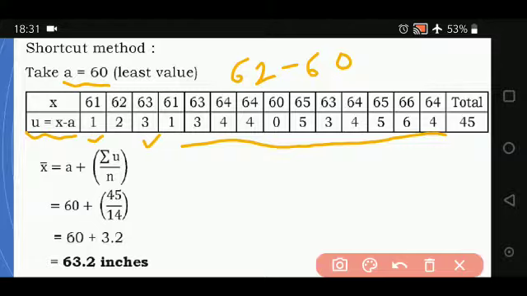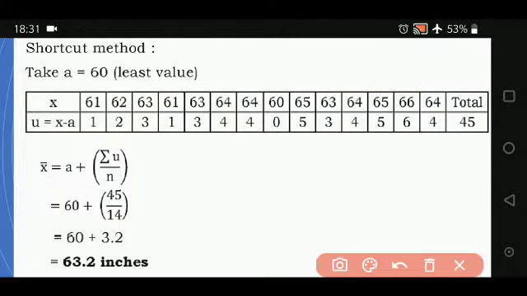Then you total this: summation u is equal to 45. Then you apply the formula x bar is equal to a plus summation u divided by n. The a value you have taken is 60. You substitute here: summation u is 45, divided by n. How many observations are there? 1, 2, 3, 4, 5, 6, 7 till 14. 14 observations.